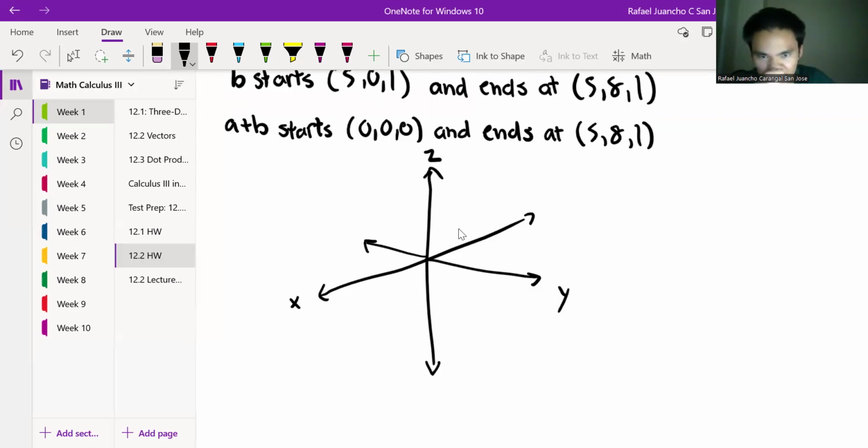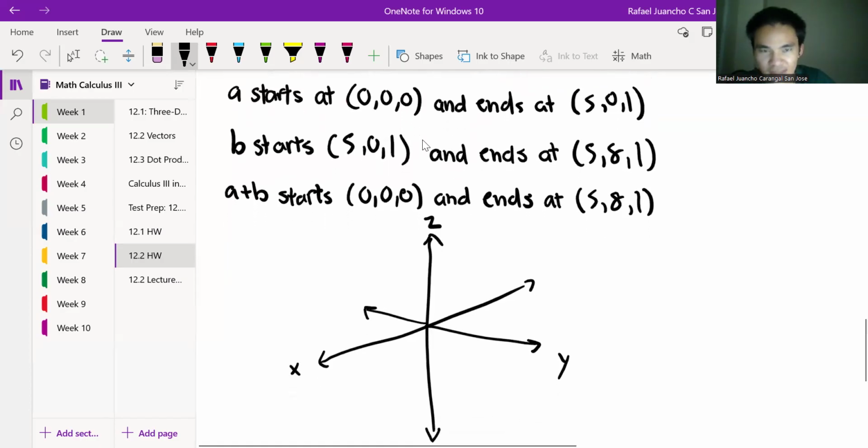So this is my Z, my X, my Y. Okay, so my A starts at origin, right? It ends at 5, 0, 1. So I go like 5 times, 0 Y, and then 1 up. It's probably here, right? So that's my A vector. Probably put an arrow. Okay. And then now B starts here, and it ends at 5, 8, 1.